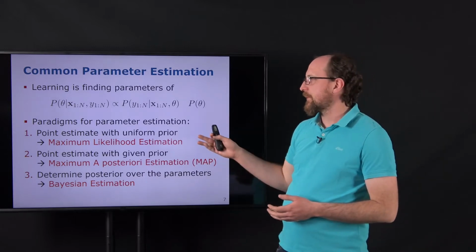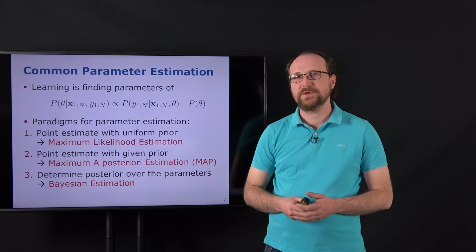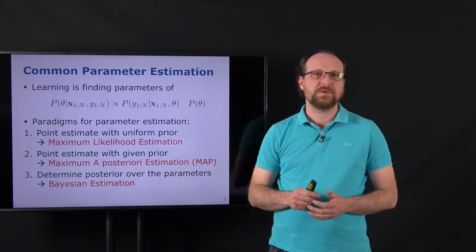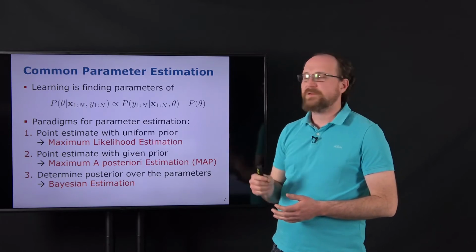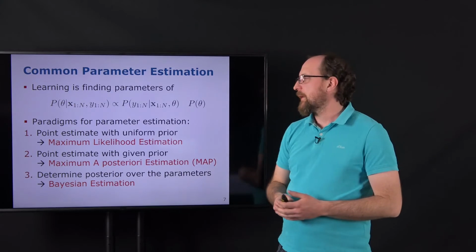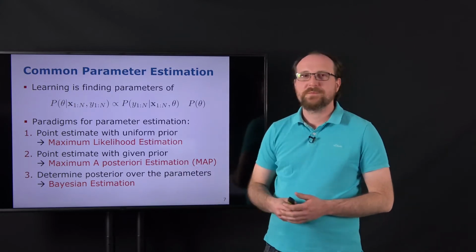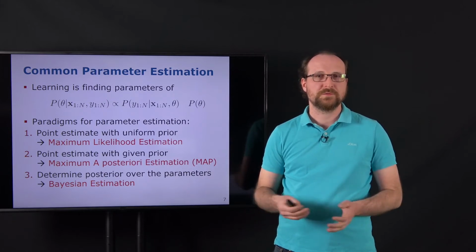In the maximum likelihood estimation and in the maximum a posteriori estimation, we are just interested in a specific theta. So we want to find the theta that maximizes the likelihood, or the likelihood plus the prior. And in the Bayesian estimation, we want to determine the full posterior over all thetas.